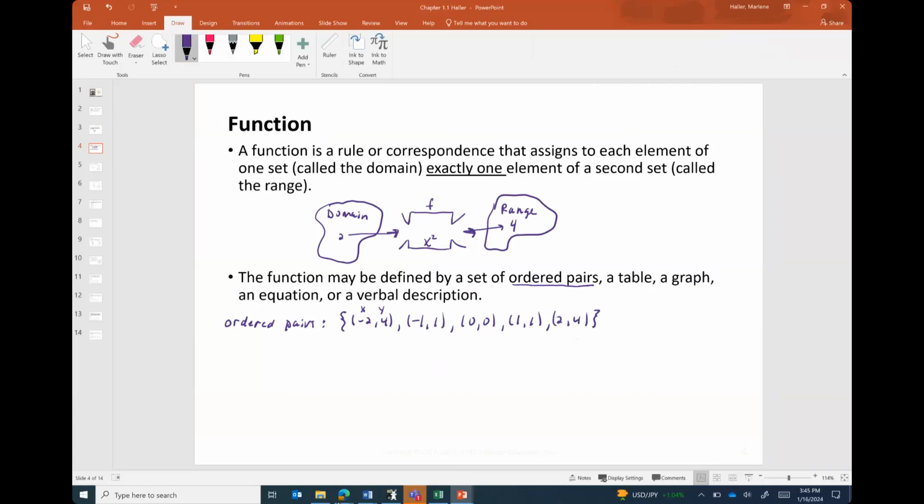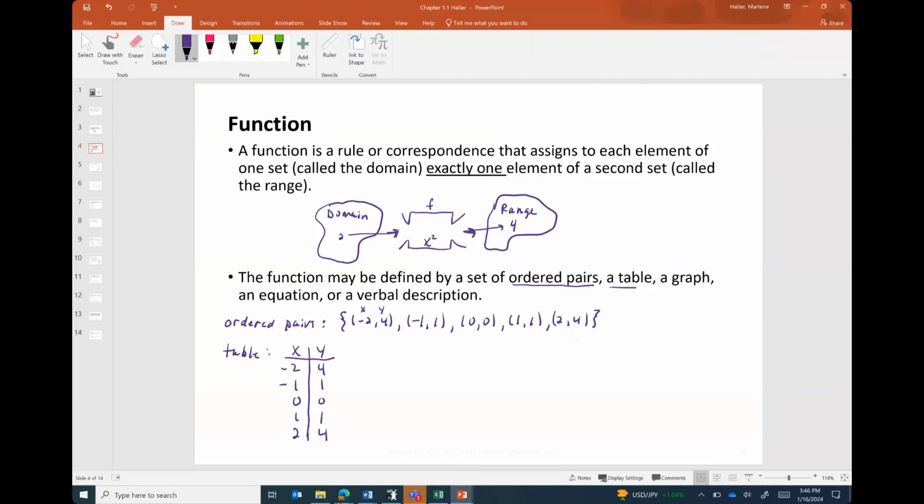We could present a function as a table of values, right? As a table, it might look like this. Let's make them columns. We'll have an x column, we'll have a y column. When x is -2, y is 4. When x is -1, y is 1, 0, 0, so on and so forth.